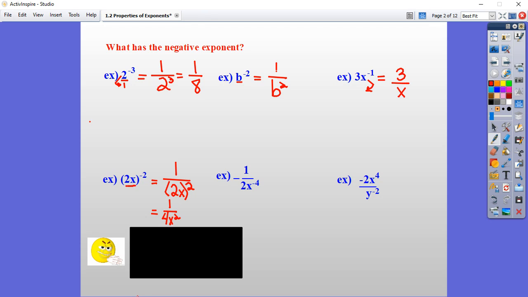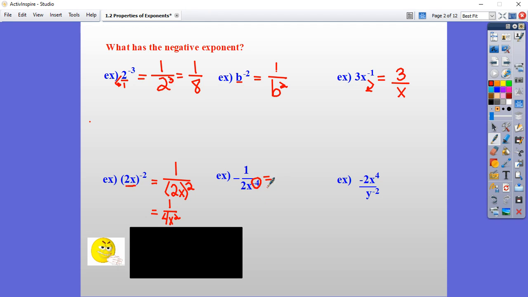Looking at the next example here, I throw another negative out front, but that negative is just a coefficient. I try to throw some weird ones out there to see, do we truly understand what we're supposed to do to simplify an expression like this? This negative out in front has nothing to do with flipping anything. It is simply a coefficient that is negative. The flipping comes when there's a negative exponent, just like that.